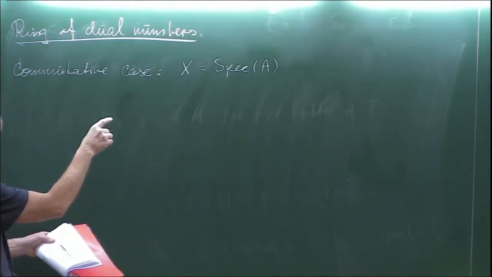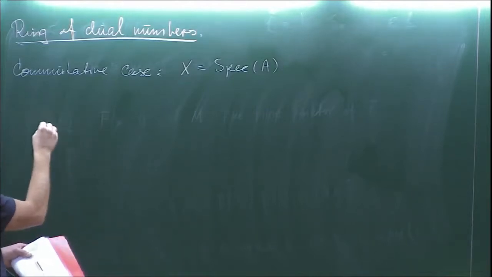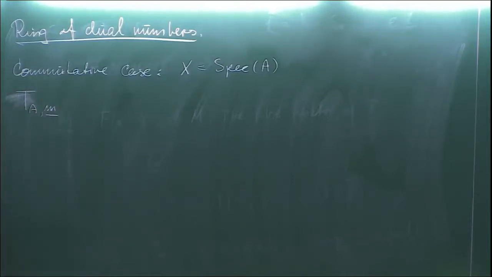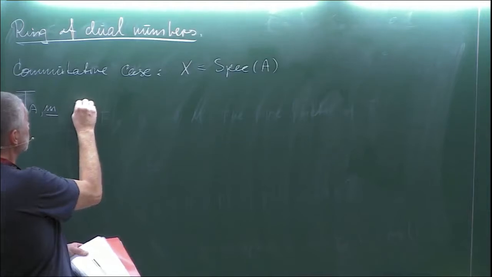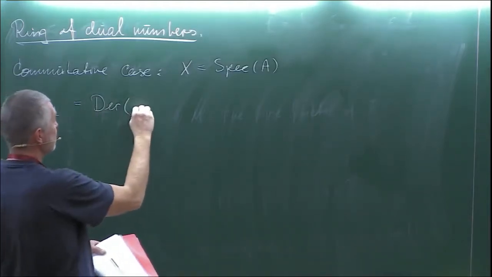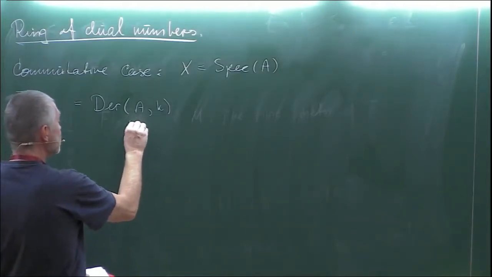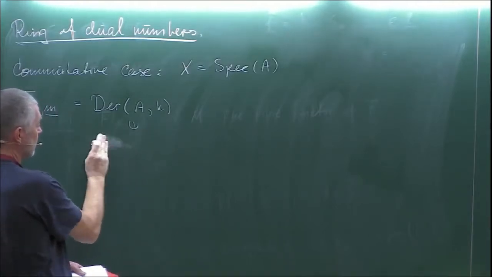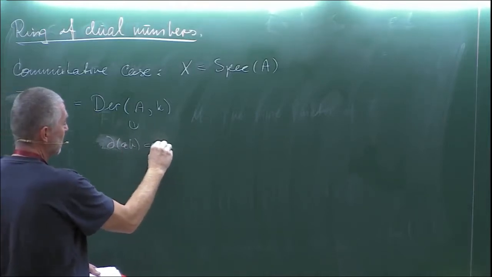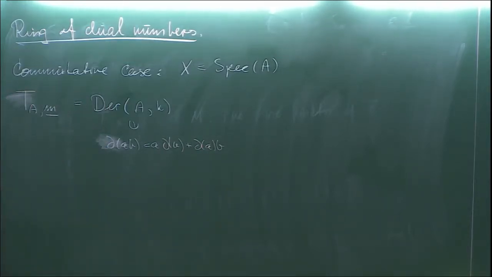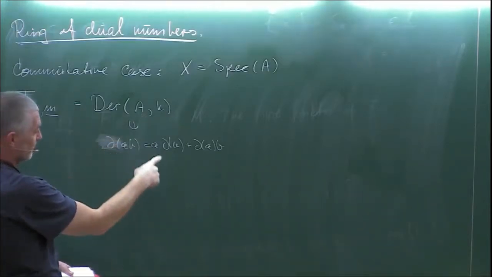So the tangent space of Spec A in a closed point M, that's our closed point M, a maximal ideal, is equal to the derivations of A into K. Something in here is a derivation if d(AB) is equal to A dB plus dA times B. Now, if A is non-commutative, this would be important.